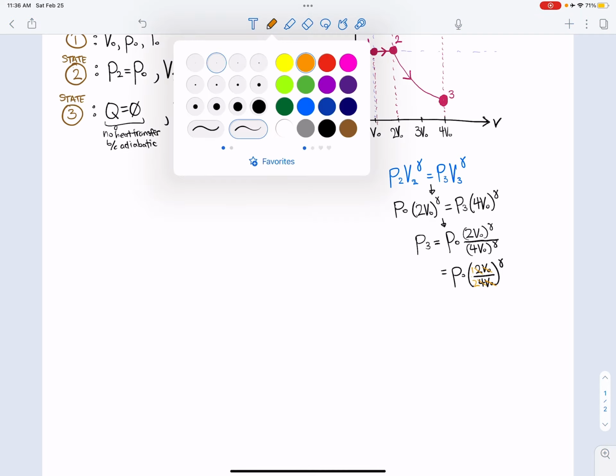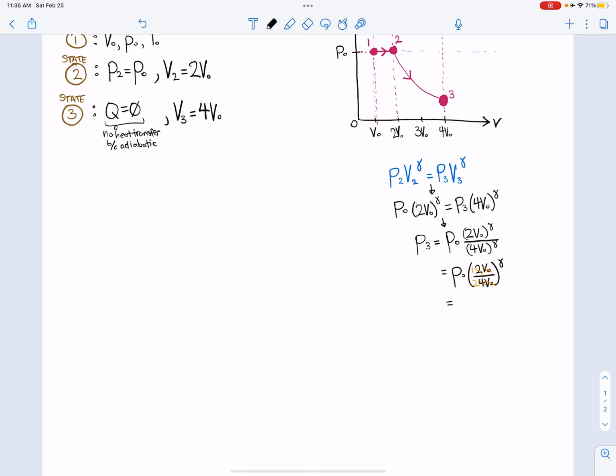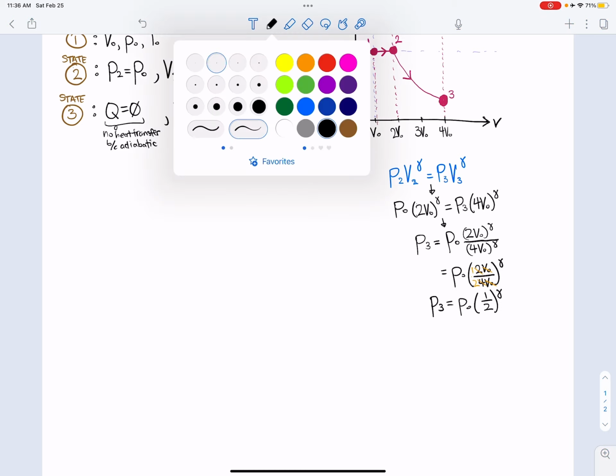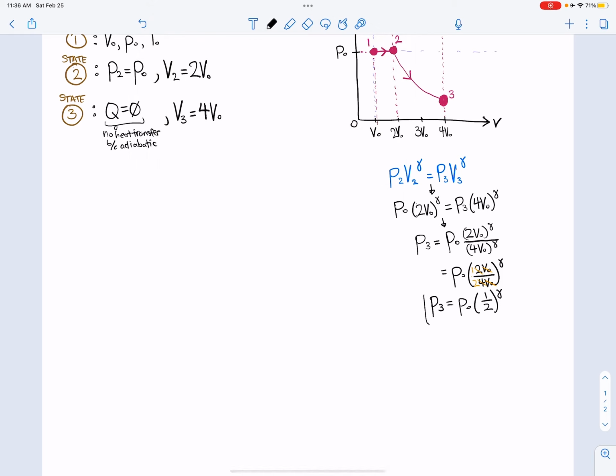So then I'm left with P naught times 1/2 to the power of gamma as my pressure at state 3, okay? So we've just found our pressure at state 3. And we might need to use that later, so I'll just hold on to that.